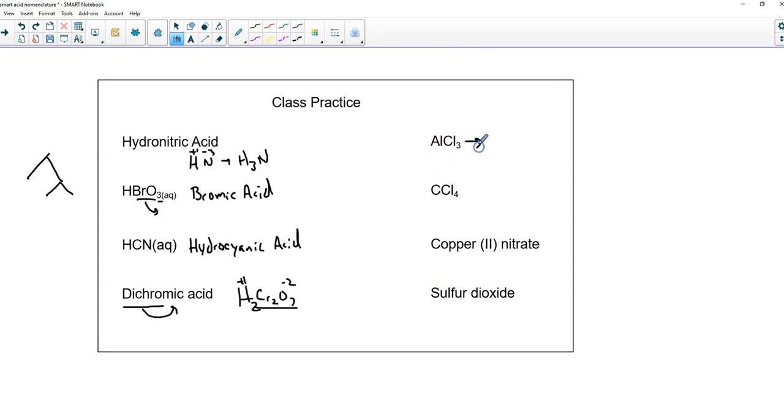Good practice here. This is ionic, metal, nonmetal, never gives quantities. We're going to use a lot of these in our class for this chapter, so we want to brush up on that a little bit. Ionic, it'd be aluminum chloride.